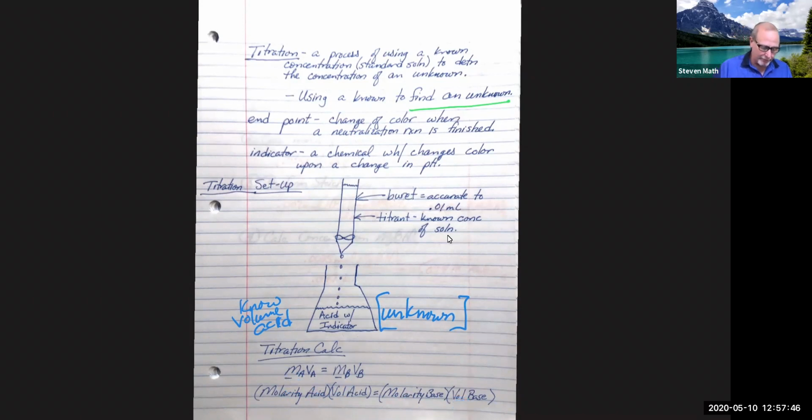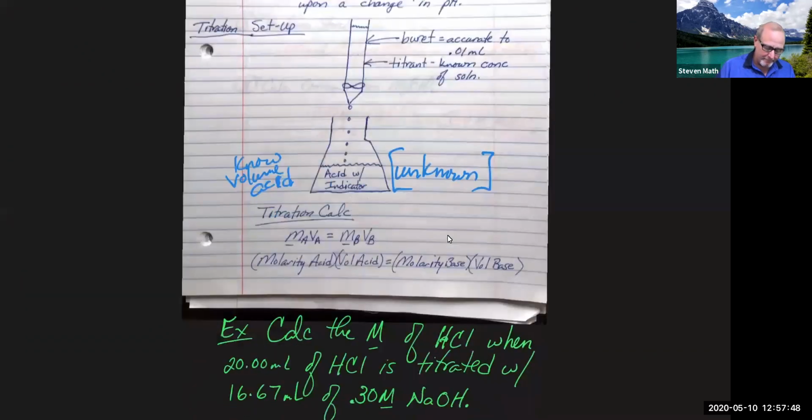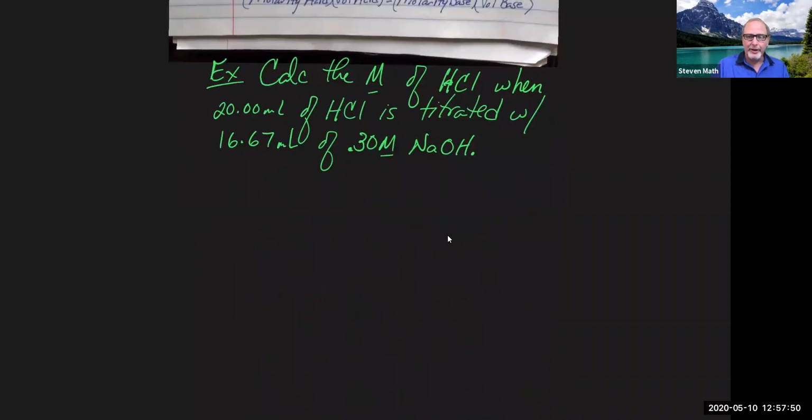Okay, here's a sample problem I've got for you. Back to a little handwritten. Calculate the molarity of HCl when 20 mL of HCl is titrated with 16.67 mL of 0.30 molar base. So the molarity of the acid is what we're looking for. The volume of the acid is 20 mL. That can be in milliliters or liters as long as the base is in the same unit.